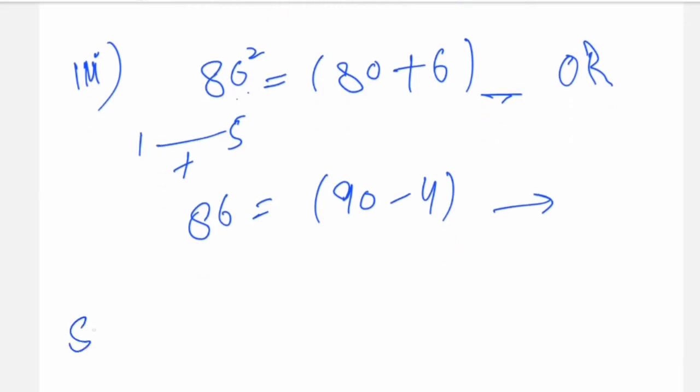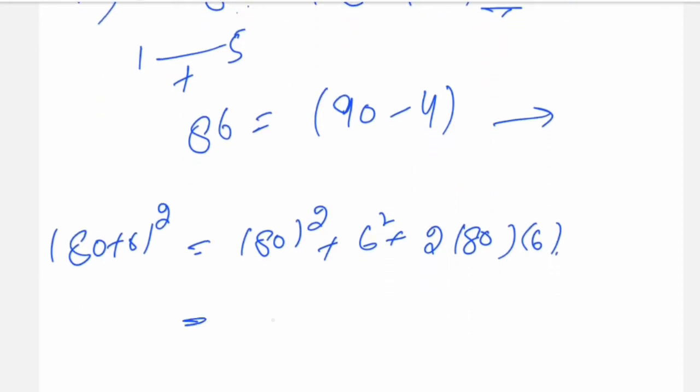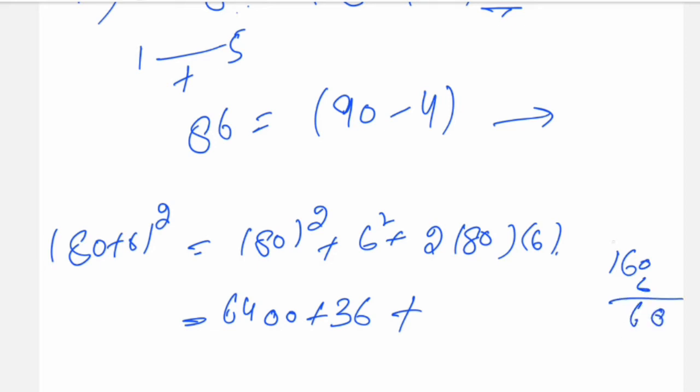See, (80 plus 6) square will become 80 square plus 6 square plus 2 into 80 into 6. So it will become 6400, 6 6s are 36, plus, when you multiply this one, it will become 160 into 6: 0, 6 6s are 36, 6 3s are 18 plus 1 is 19, so 960.